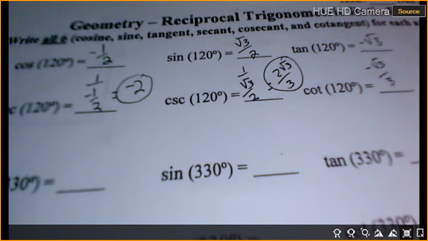So I'm going to do number 5, and then I'm going to move to the back. Okay, let's go ahead and look at number 5.